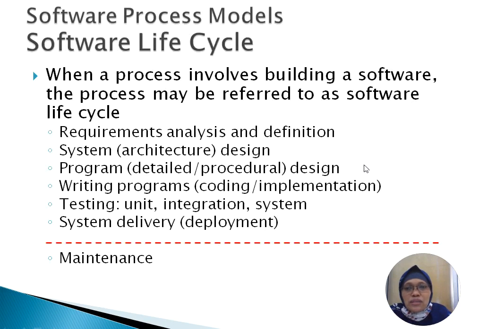And what do we do on the software process model? Actually, on the software process model or software life cycle, if we mark it step by step, we have 5 main steps. The first one is the requirement analysis or definition.